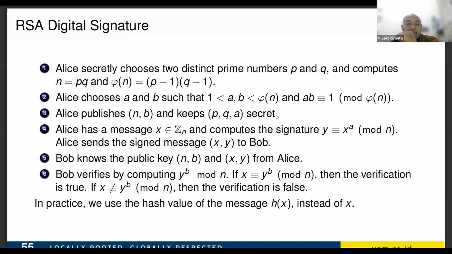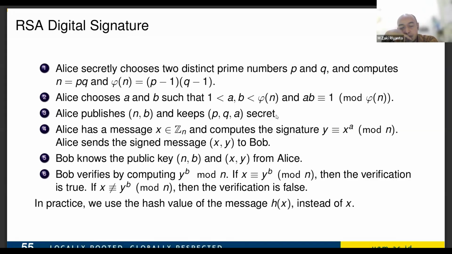And then Alice chooses two integers a and b, such that ab is congruent to 1 modulo φ(n). Actually, a is the inverse of b. And Alice publishes the values of N and b and keeps the value of a secret.